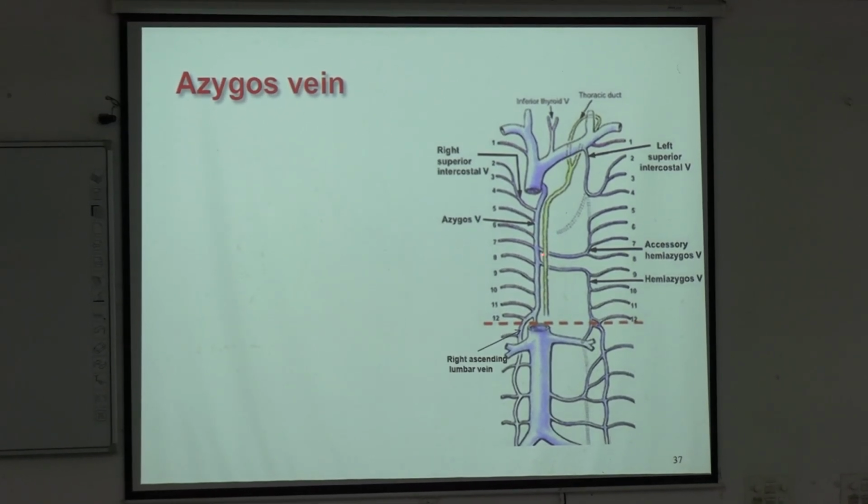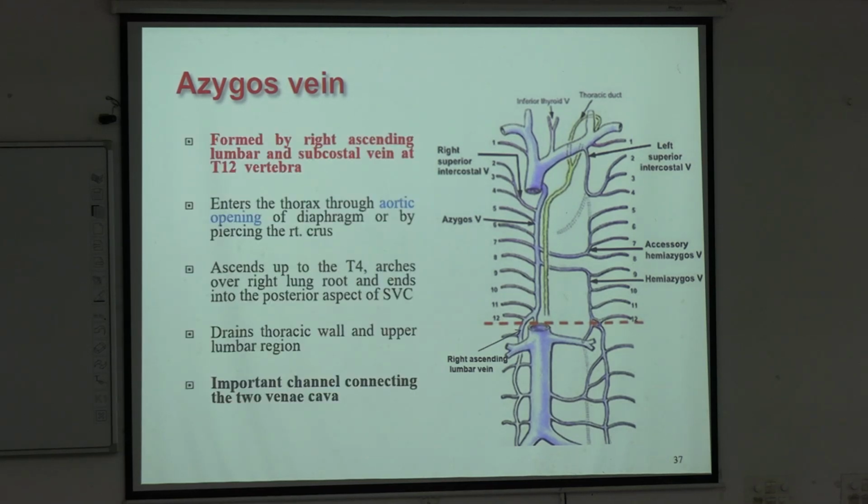Then it climbs up in the posterior mediastinum and ends into the superior vena cava at the second costal cartilage. So how is the azygos vein formed, and what are its tributaries? The ascending lumbar and subcostal veins are the forming tributaries.